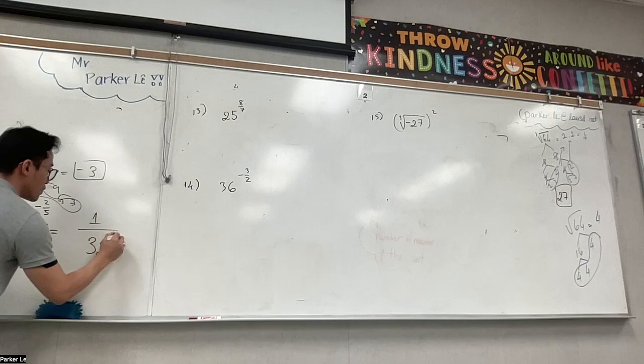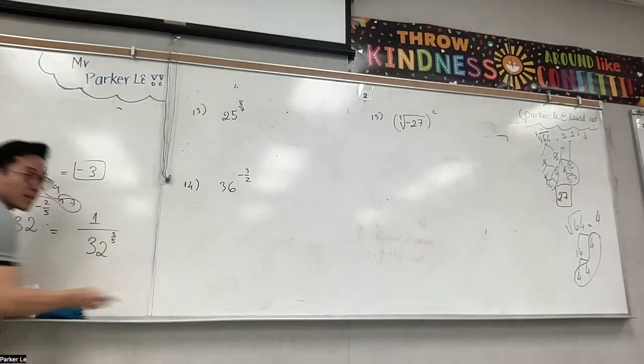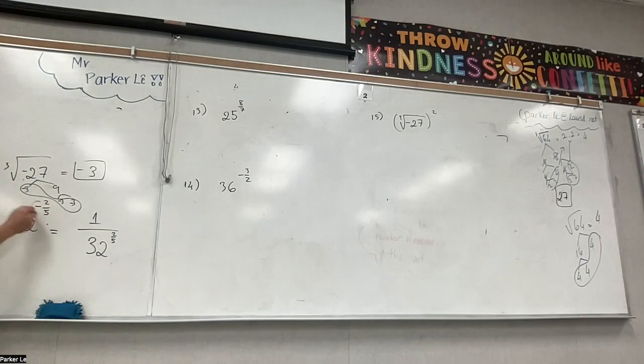So 32 to the 2/5. Yeah, that's how you make it positive. Do you remember? Okay, so in this kind of question, you need to handle the negative first.